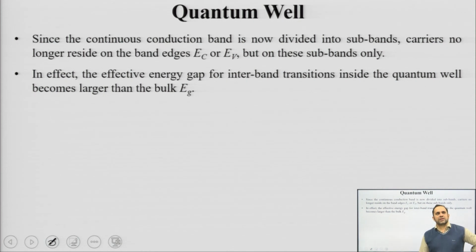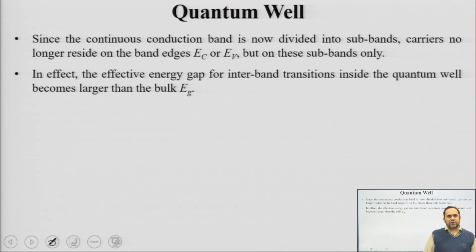So, the continuous conduction band is now divided into subbands. Carriers cannot be said to reside on the band edges, but they can reside in these subbands. So, confinement occurs within these subbands. The effective energy gap is now difficult to say equal to E c minus E v, because electrons are no longer at E c, or when they come back to the valence band they no longer stay at E v.